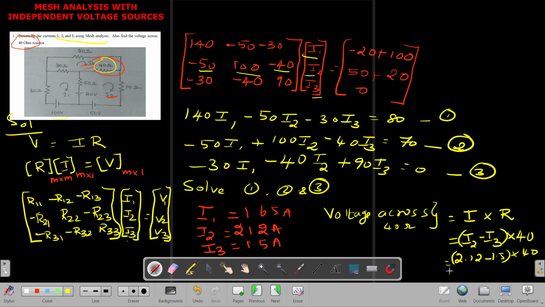So now you solve. 2.12 minus 1.5 will give 0.62, and if you multiply that with 40, you will get 24.8 volts. So this is the voltage across the 40 ohm resistor.